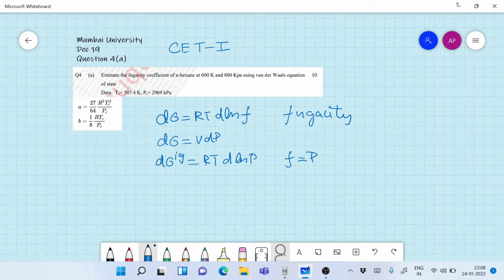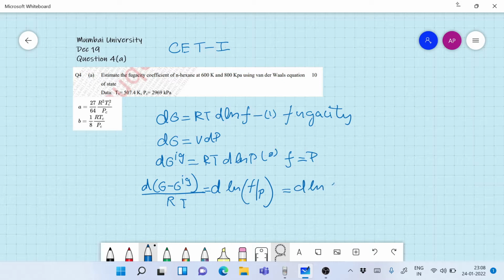Now, if we subtract equation 1 and equation 2, we end up getting dg minus dg ideal gas over RT is equal to d ln F by P, which is nothing but d ln of phi, where phi is the fugacity coefficient.